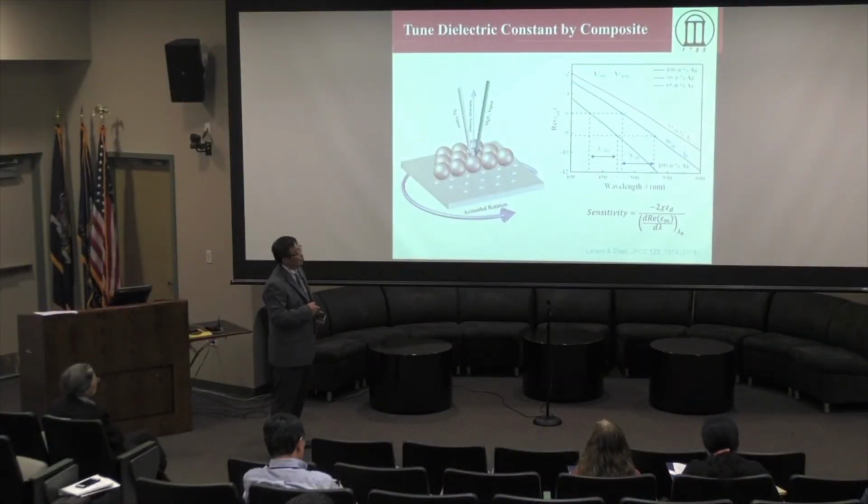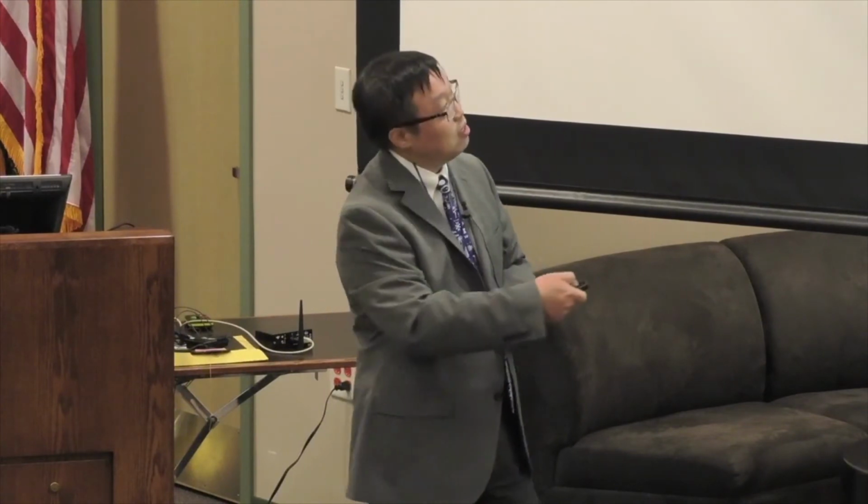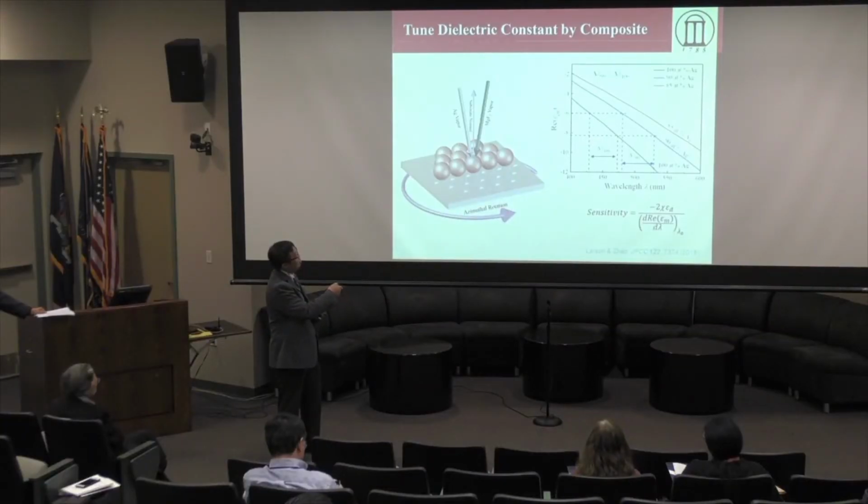We also know from physics, the so-called effective medium theory, that if I have two materials coming together, their optical property will be determined by both materials, and also by how much A material is in B material, right? So essentially, you can use the composition to tune the real part of the dielectric constant.